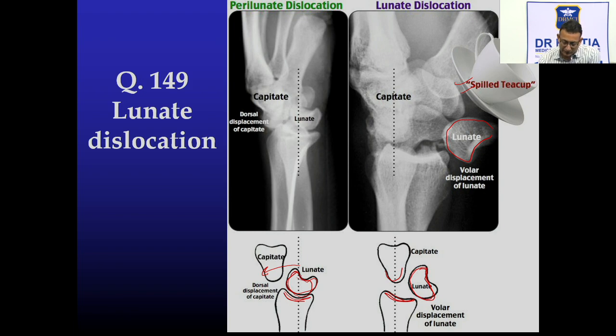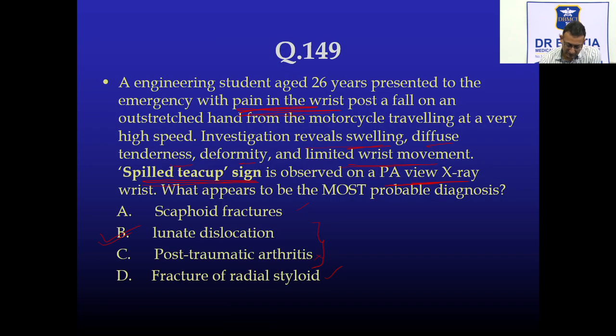So, that is why the spilled teacup sign is present in lunate dislocation. So, the answer to this question is lunate dislocation, which is B in this case.